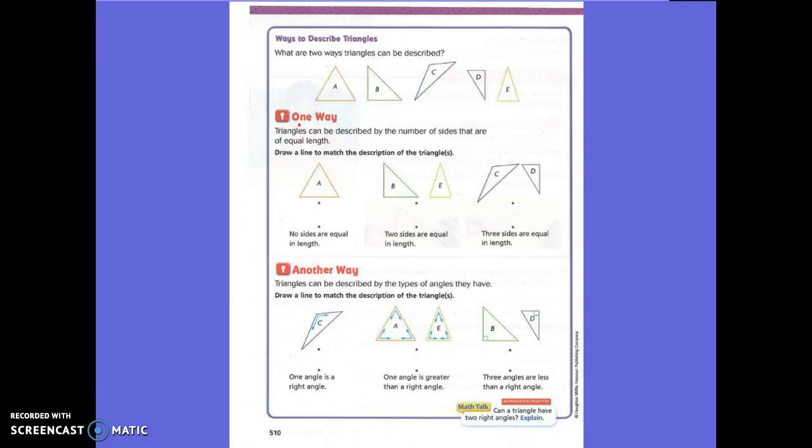Is any of A's sides equal? Yes, there are some equal sides. So, this right here does not describe A. Are two of the sides equal in length for A?